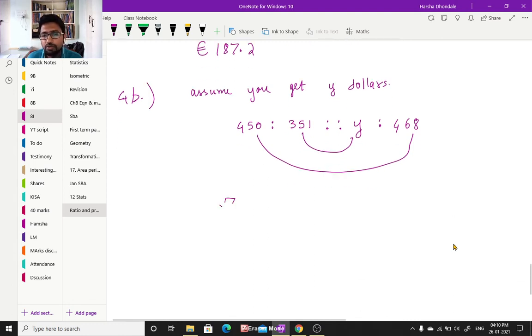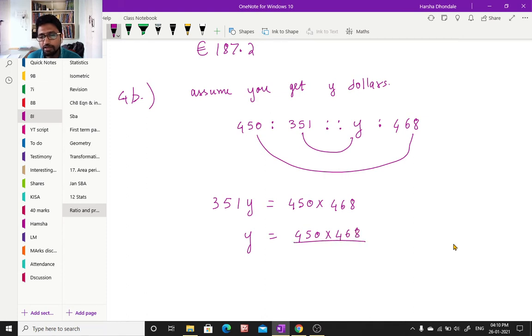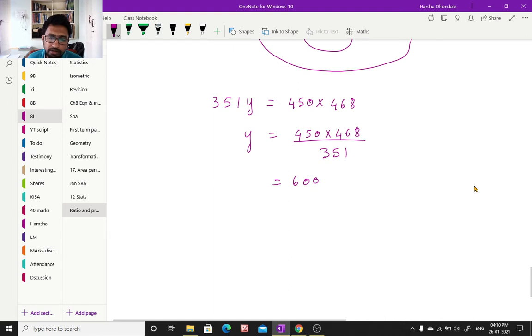Simply because y is the unknown part here and I choose to keep the unknown part on the left hand side. 351y is equal to 450 into 468, and then y is equal to 450 into 468 divided by 351. Find the answer. That gives me 600. So the answer is $600.